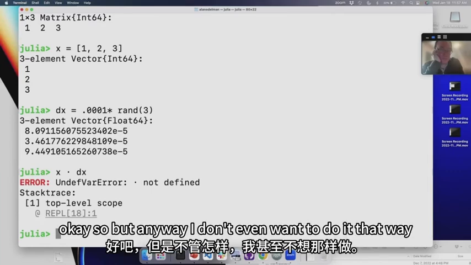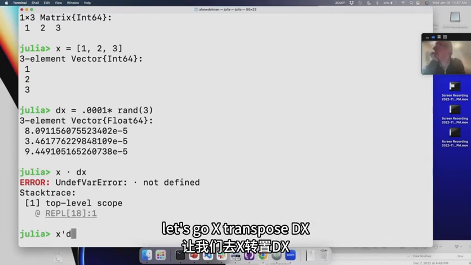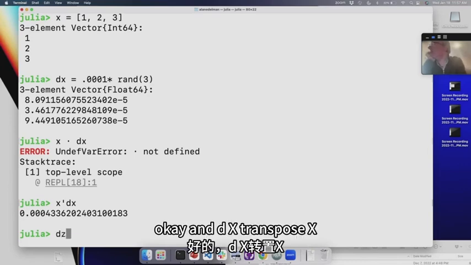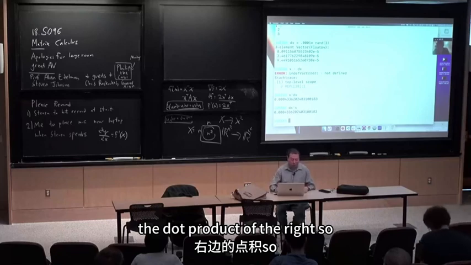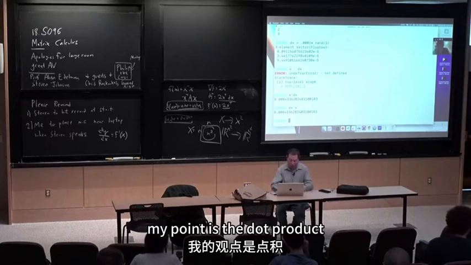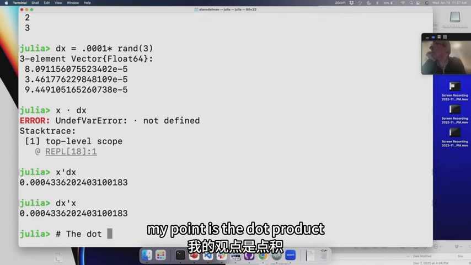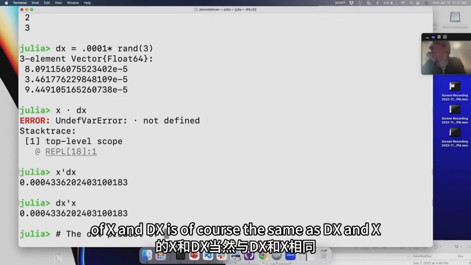Okay, I don't even want to do it that way. Let's go x transpose dx, and dx transpose x. You see, they're exactly the same thing. After all, the dot product of x and dx is, of course, the same as dx and x.